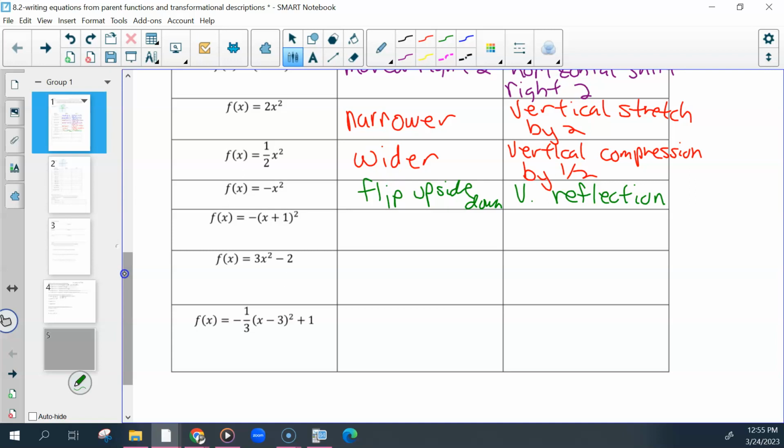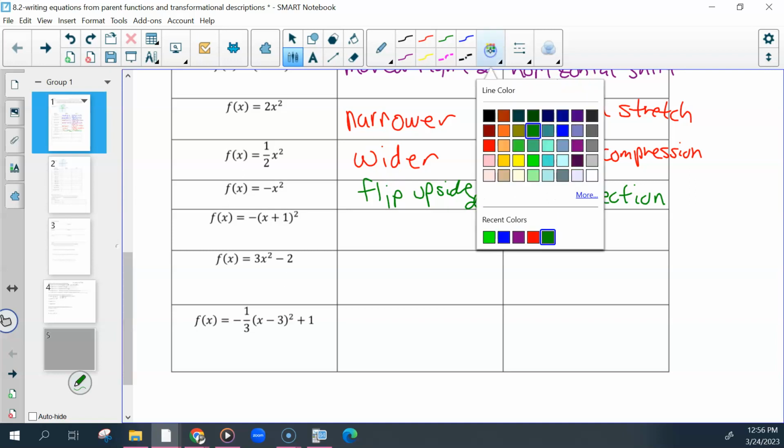Right now you can still practice using either the graph or looking at your previous examples. For this next one, I'm not going to graph it. You guys can, but again, try to come away from graphing it. Find what took place, what changed. It flipped upside down.